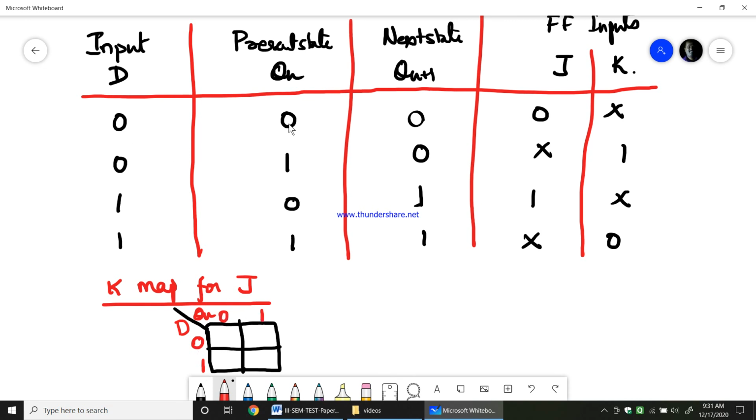So for 0 0 J is 0, for 0 1 J is x, for 1 0 J is 1, for 1 1 J is again x. What I do, I will be grouping these two. Therefore J is now equal to D.